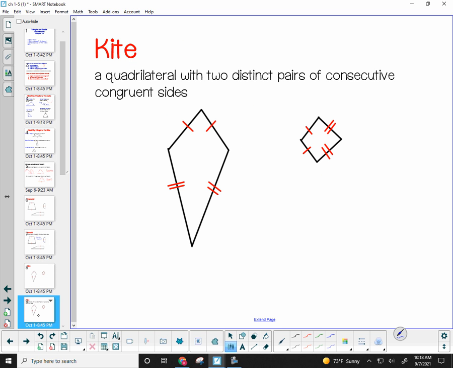The next shape might be new to you in terms of being a geometric shape. So the next shape is called a kite. It looks like let's go fly a kite a lot of times. It's a quadrilateral with two distinct pairs of consecutive congruent sides.